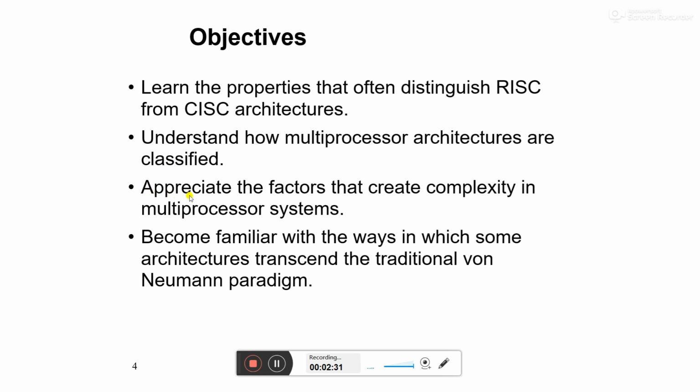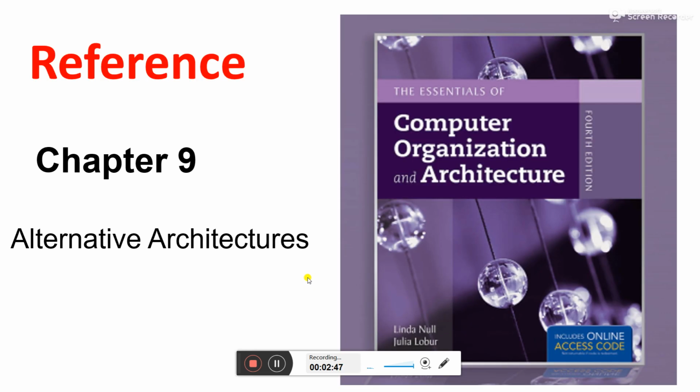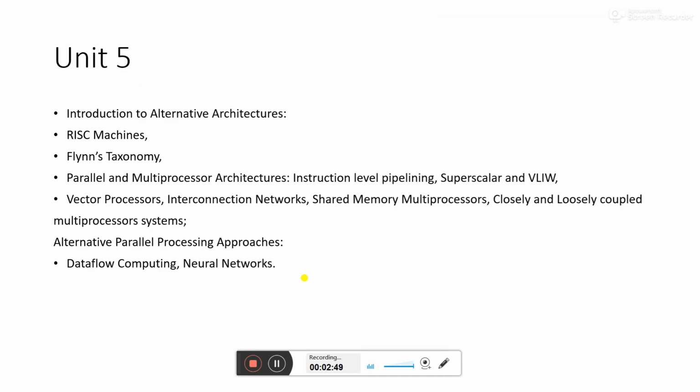Next, we appreciate the factors that create complexity in multiprocessor systems, and become familiar with the ways in which some architectures transcend the traditional von Neumann paradigm.